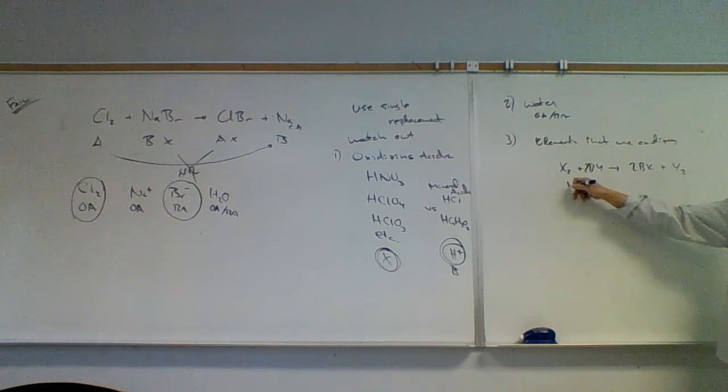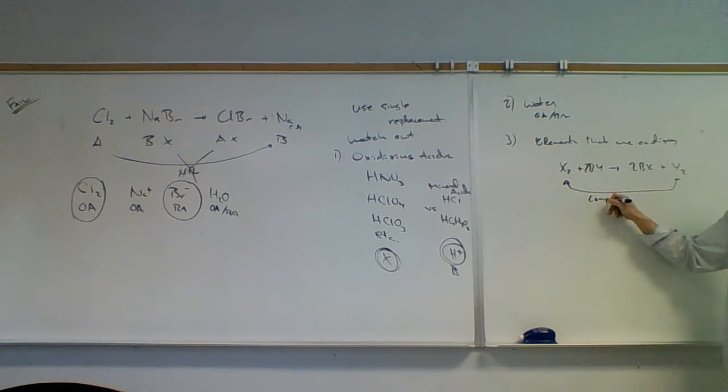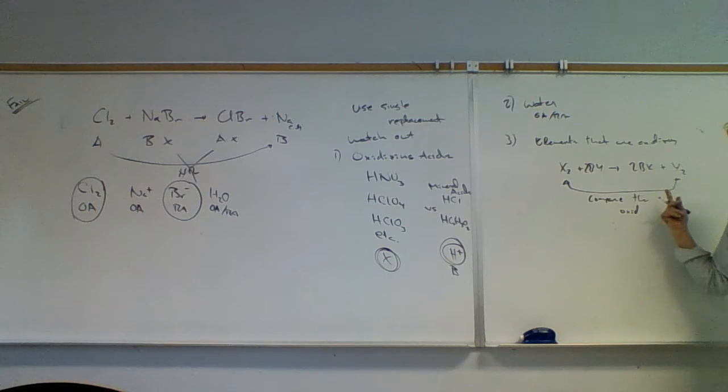And here we compare the oxidizing strength. Compare the oxidizing activity, not the reducing. You're not going to find these on the activity series. You have to go back to the other chart. You compare the oxidizing ability.